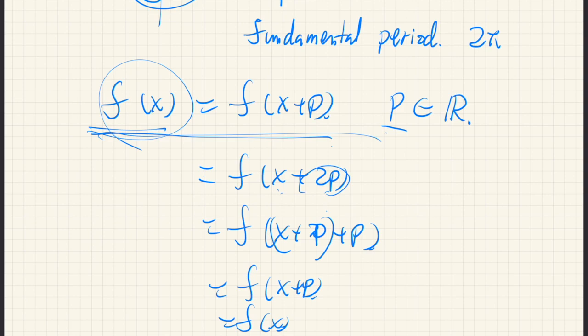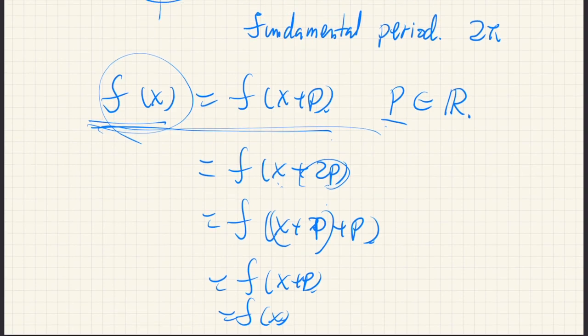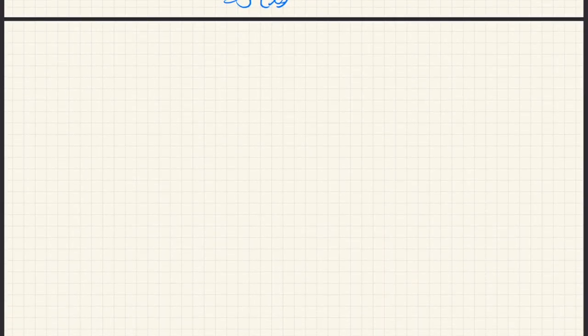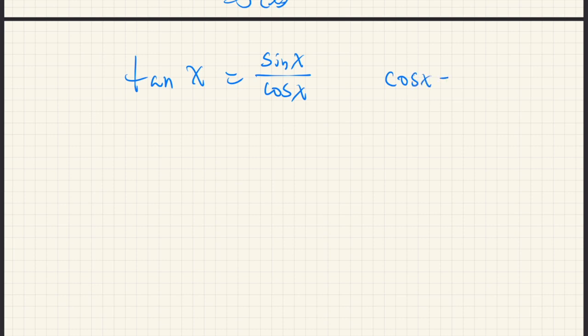And let's define another trigonometric function that you should already be familiar with, tangent x. That is defined as sine x over cosine x, where this is defined where cosine x is non-zero. Otherwise, it's not defined. You should again review when cosine x becomes 0, by drawing the unit circle.